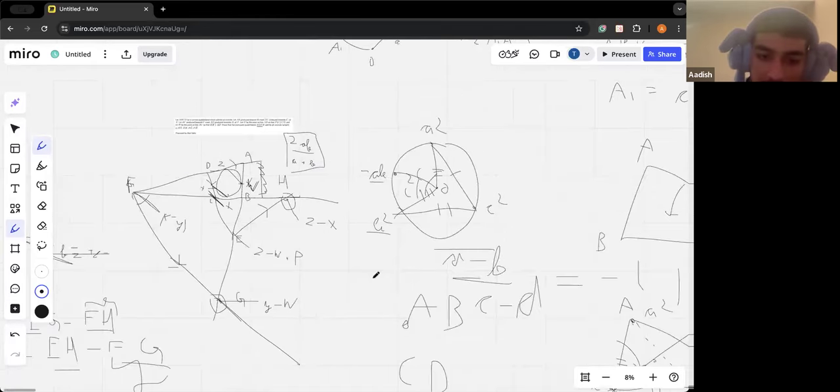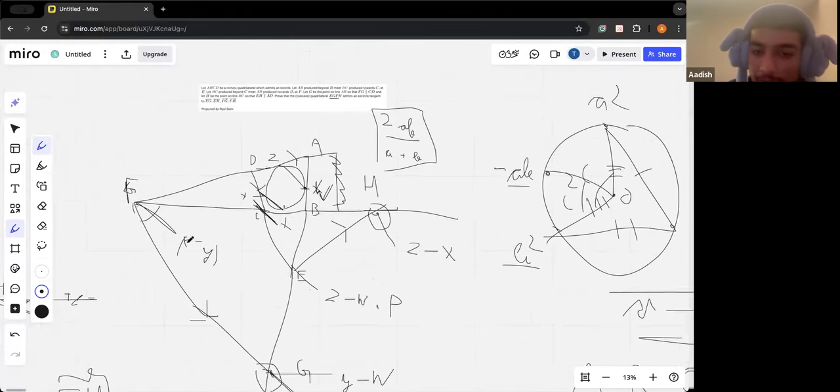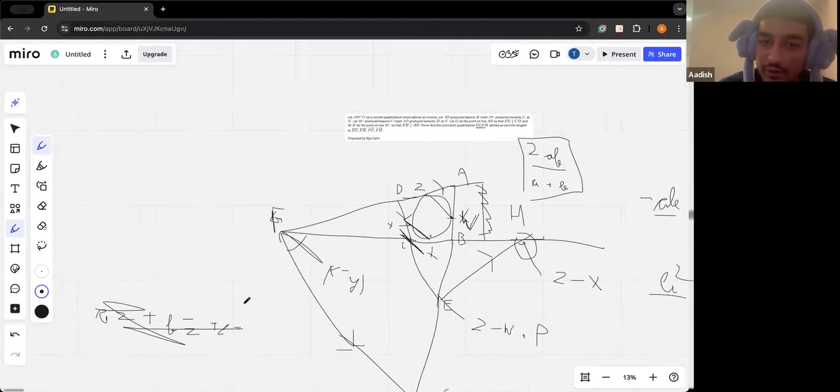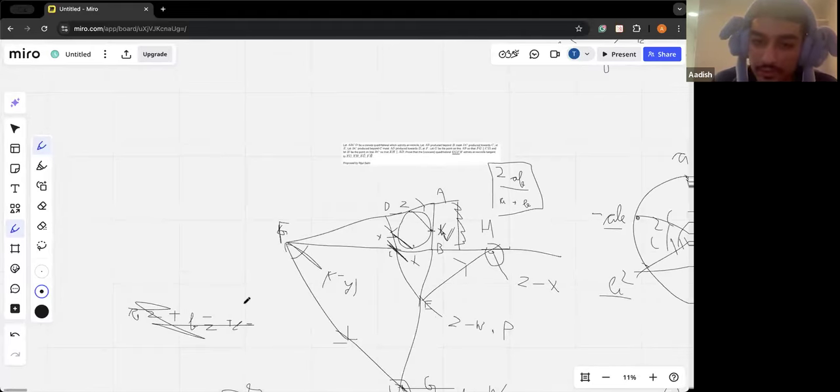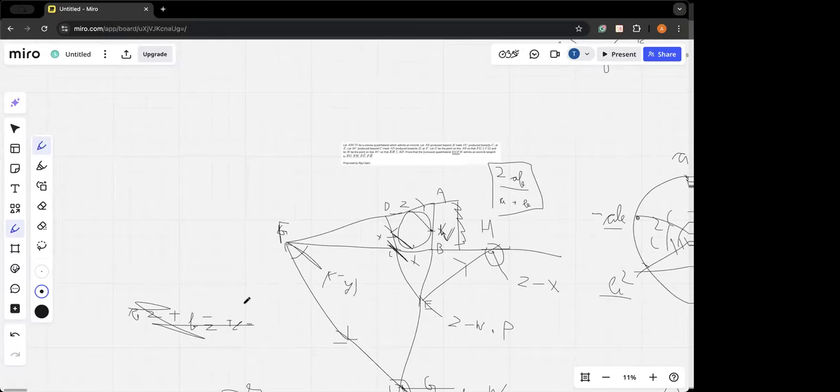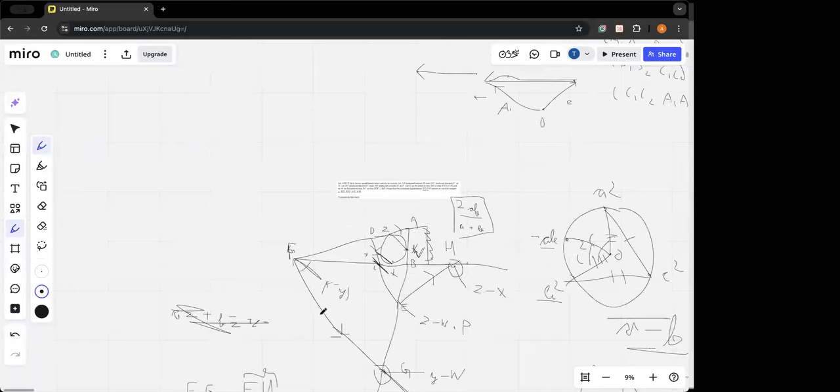Anyway, given a point and the direction, how will you find the equation of a line? Anyone? You can say that for all points z that lie on that line, z minus F by X minus Y has to be a real number.